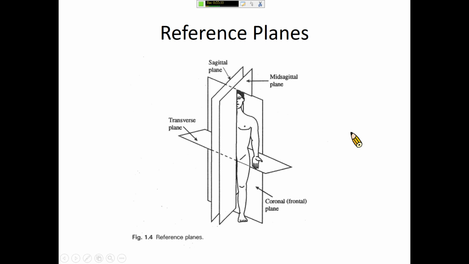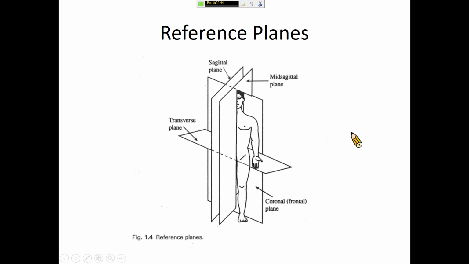The one that divides the person into left and right is the sagittal plane. Okay? And we call these reference planes, as long as they are parallel, they belong to the same plane.